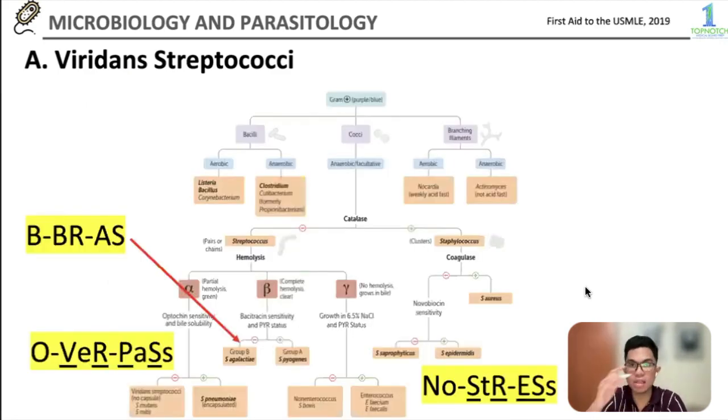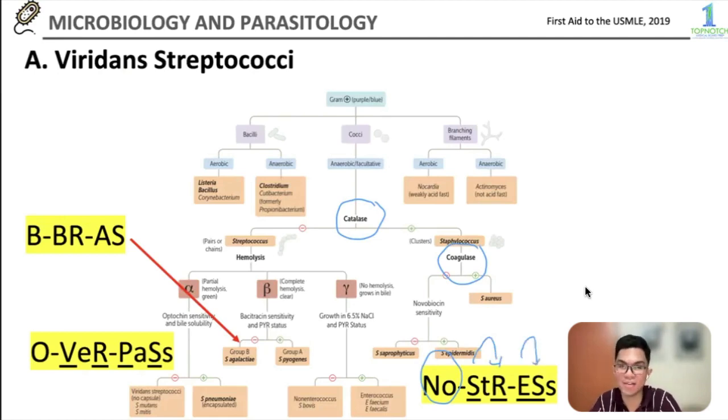Okay? So again, yung three important mnemonics sa gram-positive algorithm, it's your Staph first. Staph is catalase positive, and if it's coagulase positive, that's Staph aureus. However, if it's coagulase negative, you use the NoStress mnemonic. So novobiocin, saprophyticus is resistant, and epidermidis is sensitive. Tapos na-discuss na natin yung OVRPS kanina. So viridans resistant, pneumoniae is sensitive to optochin.